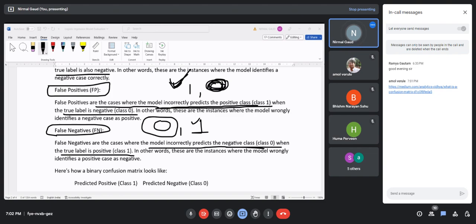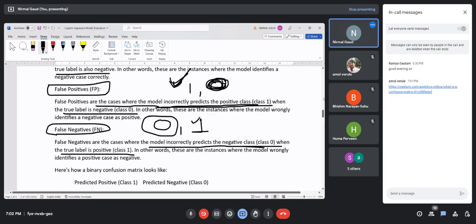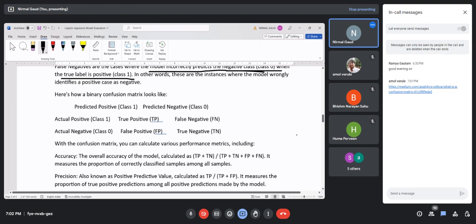That's why I put it up: today we need to clear this concept, because we are going to use classification every time and this will come up as an evaluation. So what are we going to do ahead? Let me put the mapping here.